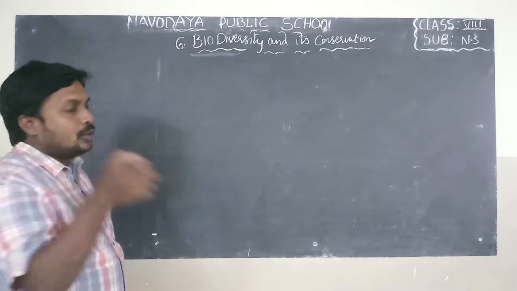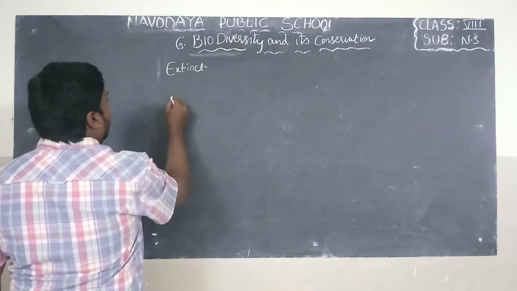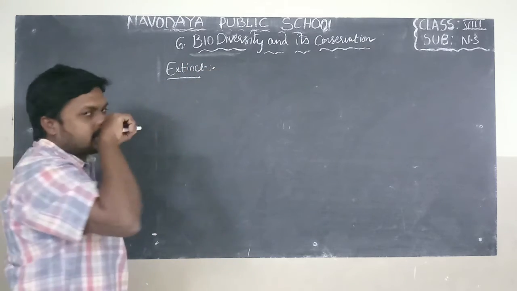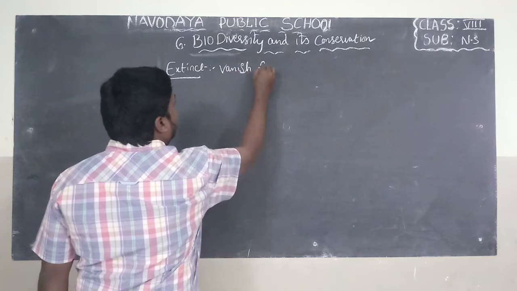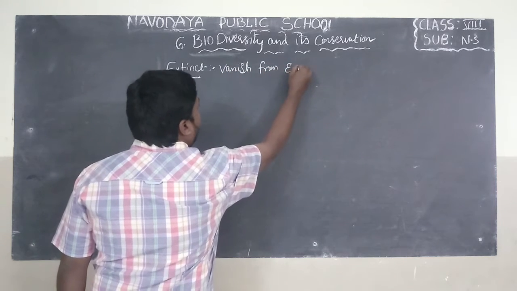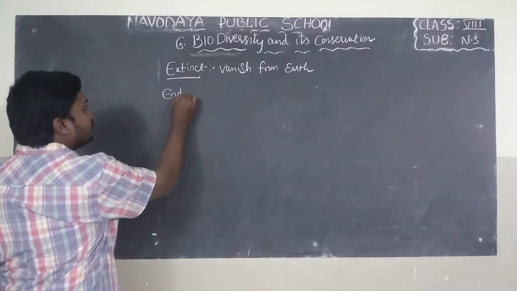If you observe, we learned three words in the biodiversity topic. Extinct. Extinct means the animals which vanish from earth are known as extinct. Endangered.